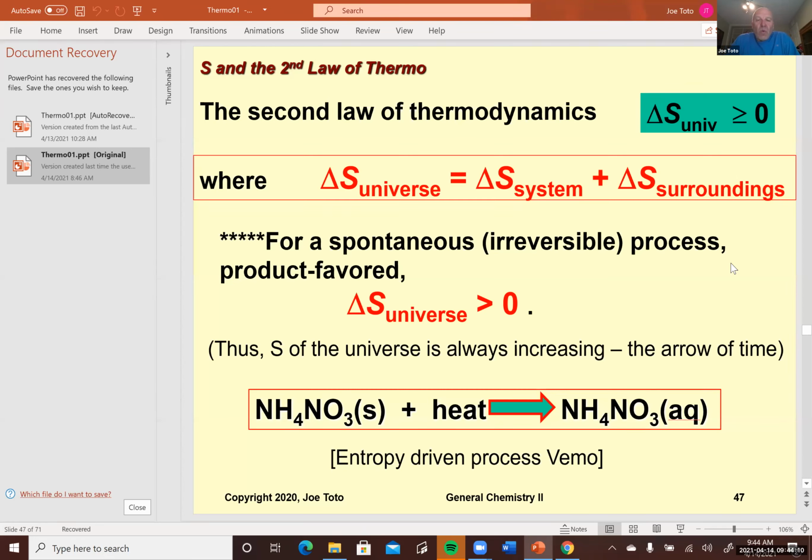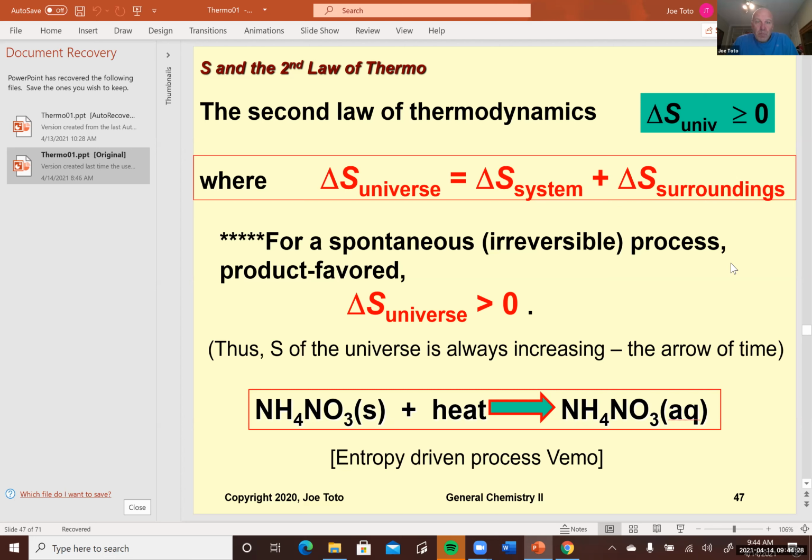So when delta S for a process is positive, that means that there's an increase in the number of ways that this energy can be distributed.